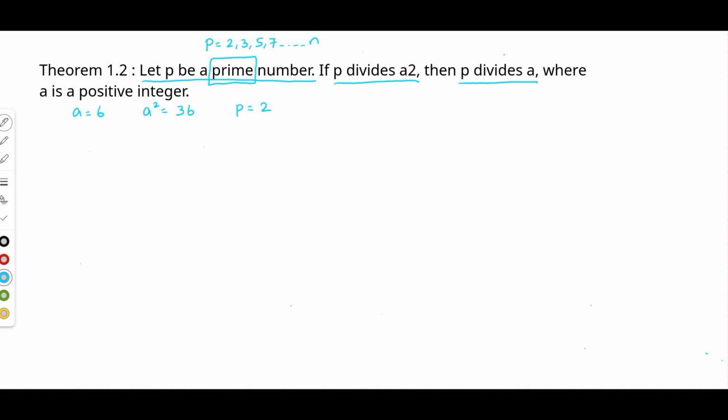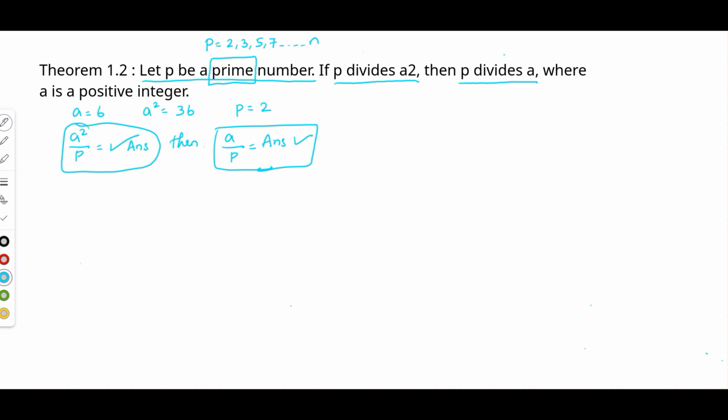As per the theorem, if p divides a square, that means when a square is divided by p you get an answer, then a also will be divisible by the prime number. If this condition is satisfied, then this condition also will be satisfied. That is the meaning of this particular theorem.